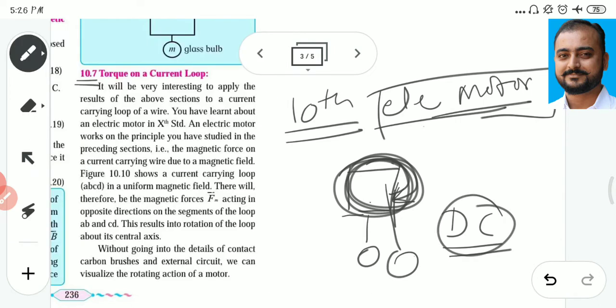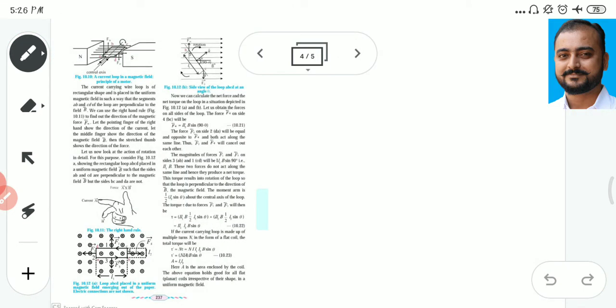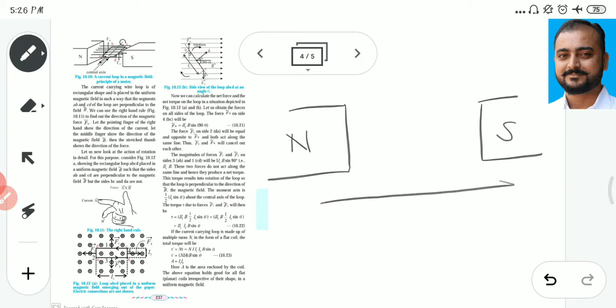We are not interested in what this motor is, but we are just going to study the torque acting on this current loop. Let here we have a figure. Remember this figure. It indicates that there is a north pole and this is a south pole, and we know that the magnetic field always acts from the north pole to the south pole.